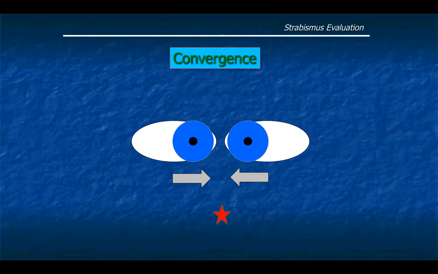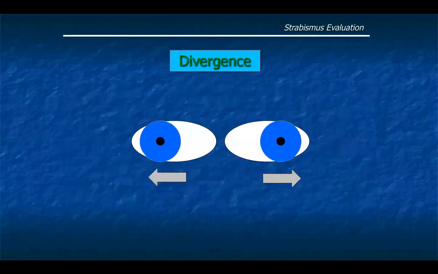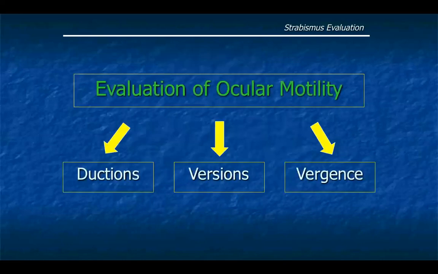When you look at a far object, both eyes diverge or move out, and this is called divergence. So evaluation of ocular motility is by ductions, where one eye is covered, by versions, where both eyes are uncovered, and by versions with a G to test for convergence and divergence.